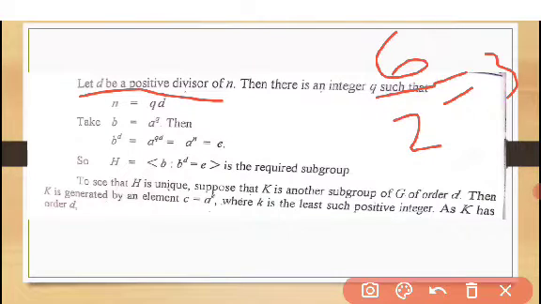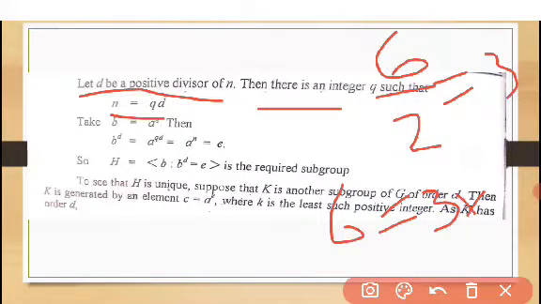So then there is an integer q, q is 3 here, such that n is equal to qd, and it means that 6 is equal to 3 multiplied by 2. Just compare this general example and this particular example. So 6 is equal to 3 multiplied by 2. It means that 6 is n here, and 3 is q, and d is 2.